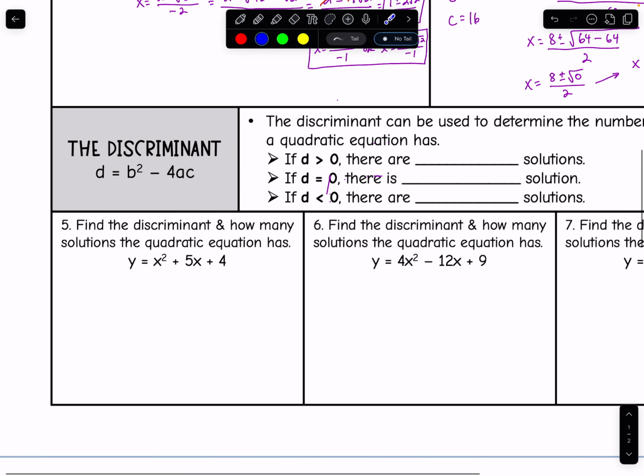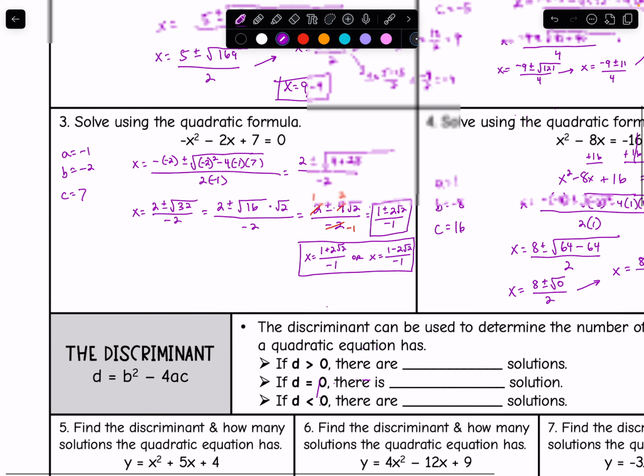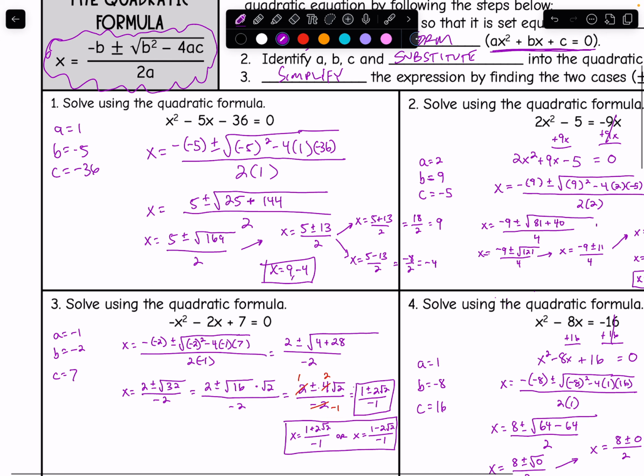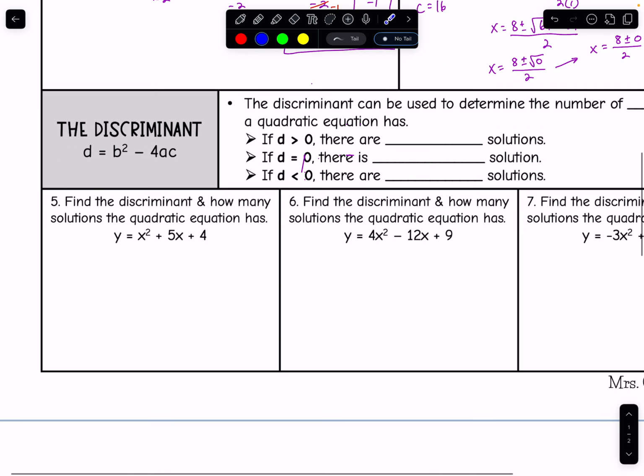All right, now we're going to take a second and talk about something called the discriminant. That's just the part of the quadratic formula that's just under the square root, okay? So we're just going to do this part right here, and we're going to look at what that tells us.